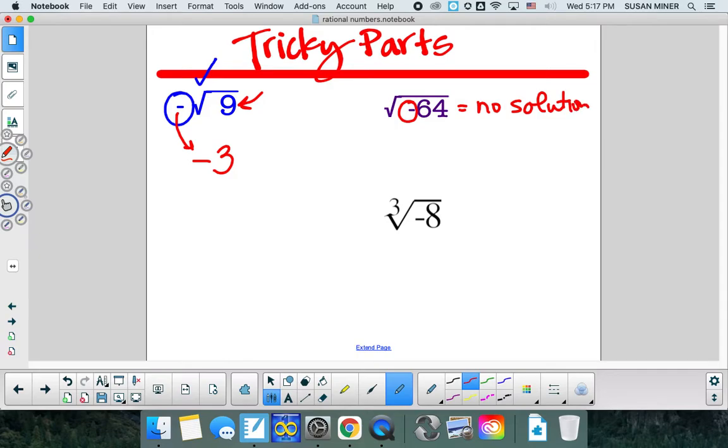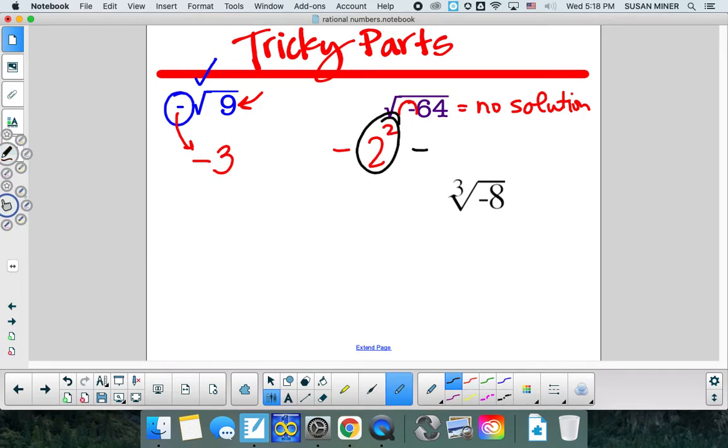I cannot take the square root of a negative number. And the reason why is if I square a number, I get a positive result, right? And even if I have a negative number and I square it, I still get a positive result. If I have a negative and I square it, remember my exponent goes first.